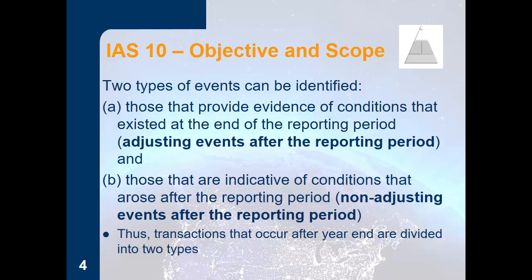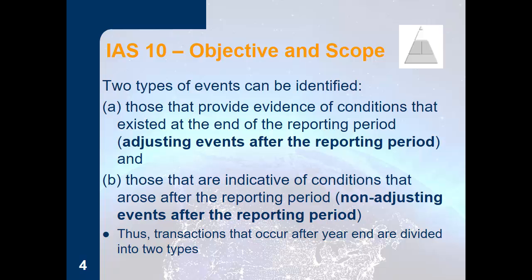We divide these events into two different types. One is an event that provides evidence of conditions that existed at the end of the reporting period. So if our year end is December 31st, these are events that give us additional evidence about things that existed at the end of that year. So that's the first type of event.